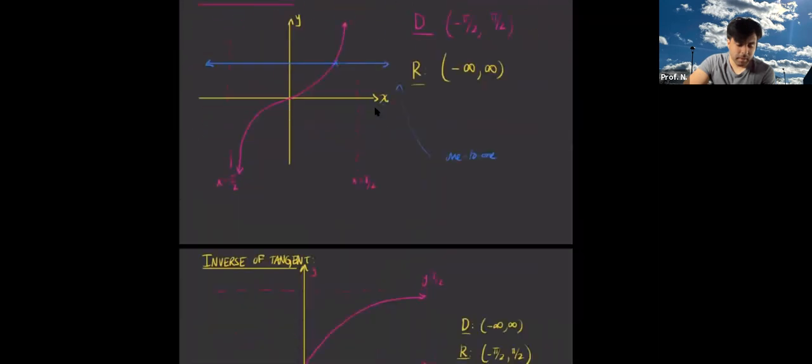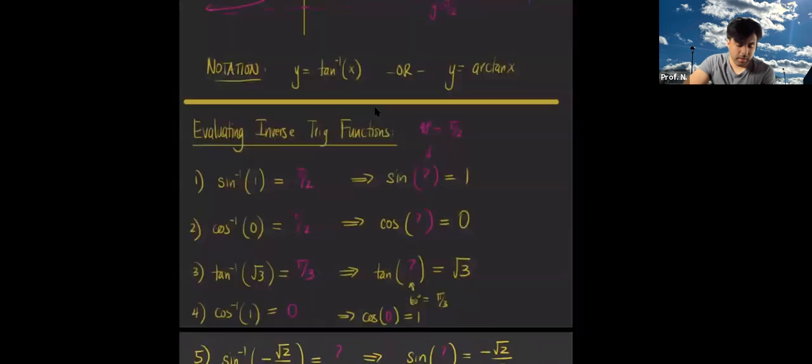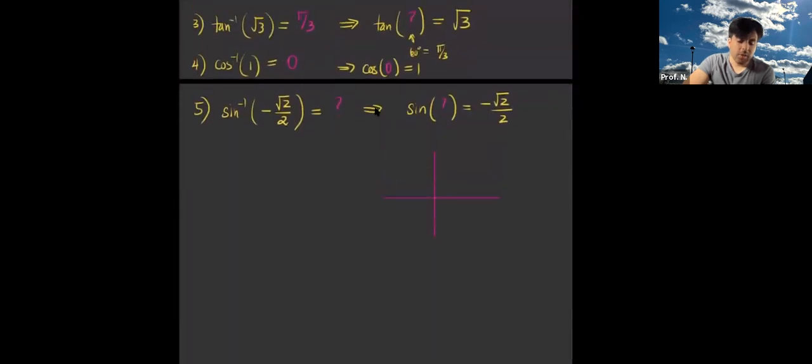Sorry, it's a lot of scrolling. So rad 2 over 2 is related to what? Pi over 4. But remember what we said about inverse sine? The angles that are produced are only in quadrants 1 and 4. That's it. And we're dealing with a negative y value. The negative y value must mean I'm in quadrant 4.